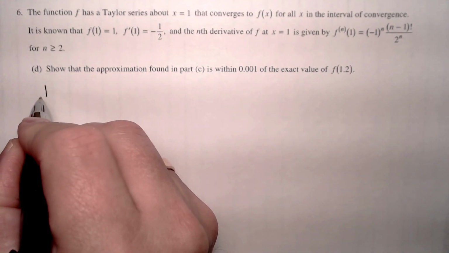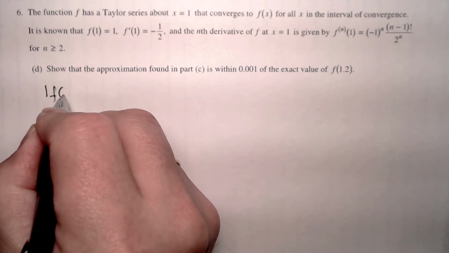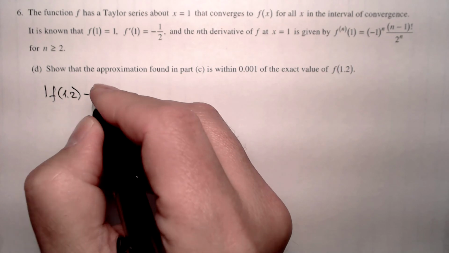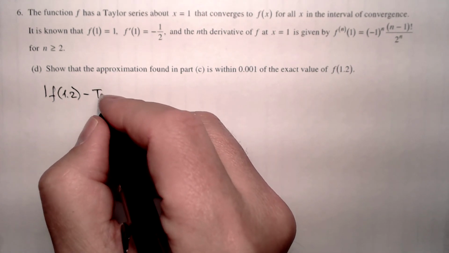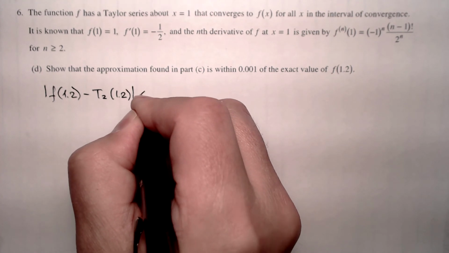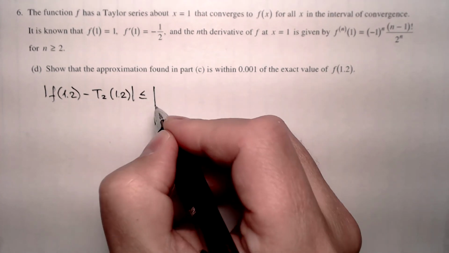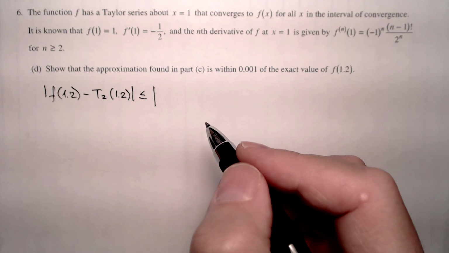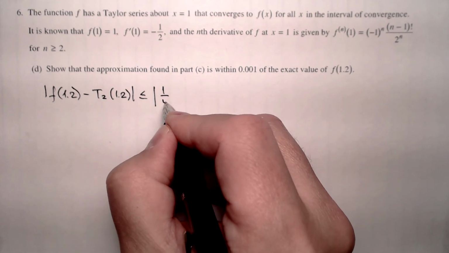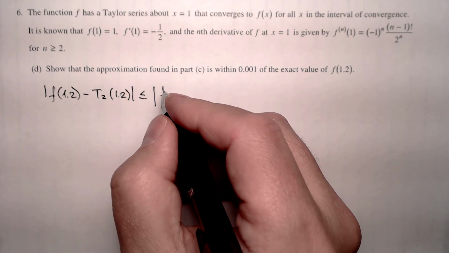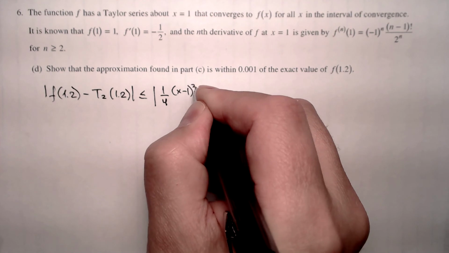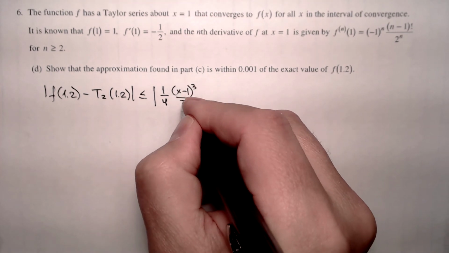And so in this case, f of 1.2 minus the Taylor polynomial up to the second derivative inclusive at 1.2 that we just found is less than or equal to the absolute value of the first term not included. And this is from part A, 1/4 of x minus 1 cubed over 3 factorial.